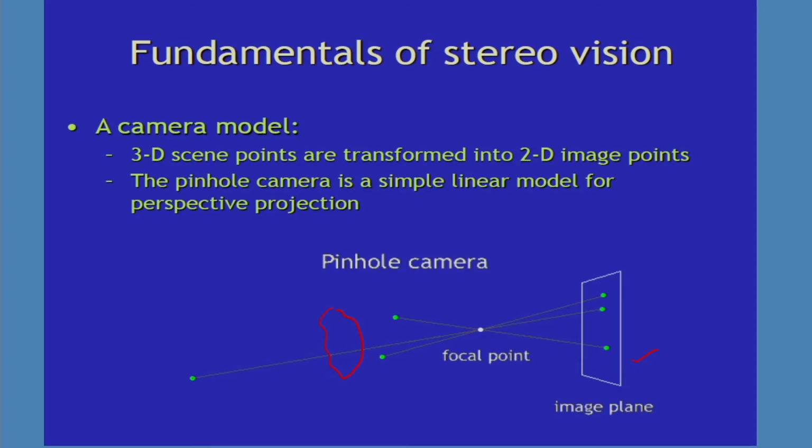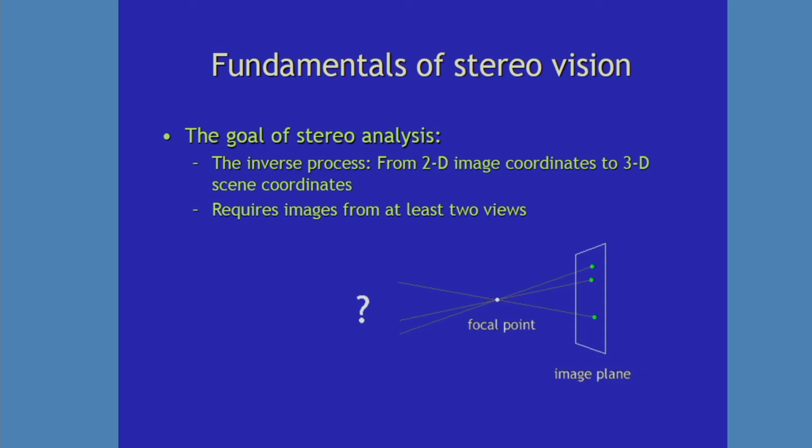Now in the case of stereo vision, the goal of stereo analysis is this: we have the 2D image points, the 2D coordinates, which I can write as x comma y. From the 2D coordinate I have to get the 3D coordinate of the scene, which is x comma y comma z.